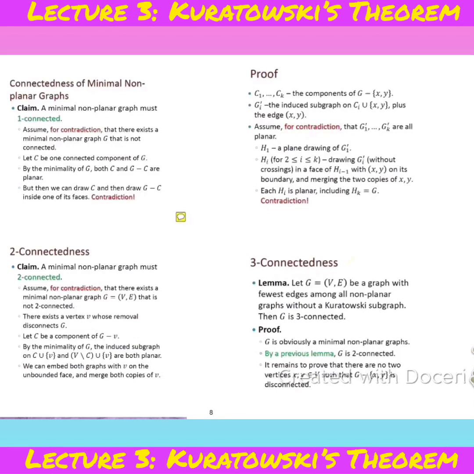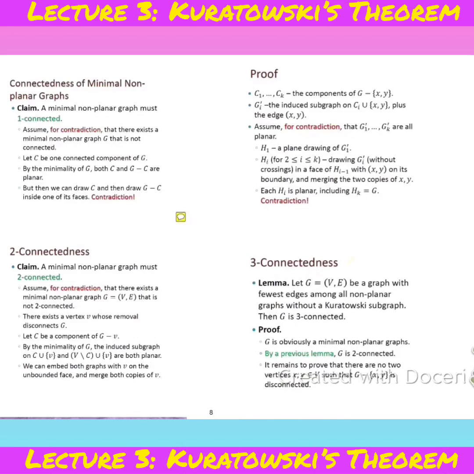In other words, the smallest counterexample, with the property that if we break G up into smaller pieces, those smaller pieces are also Kuratowski subgraph free, but they are all planar.